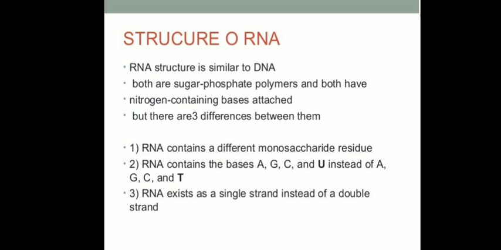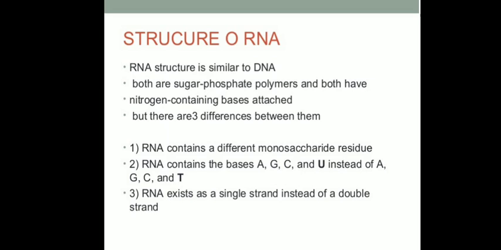The nitrogen bases present inside RNA are adenine, guanine, cytosine and uracil. Instead of uracil, in DNA thymine is present. So in the DNA molecule, the nitrogen bases are adenine, guanine, cytosine and thymine.